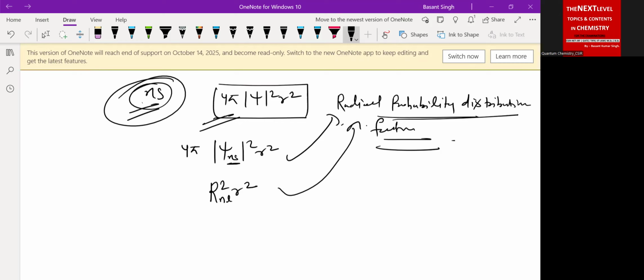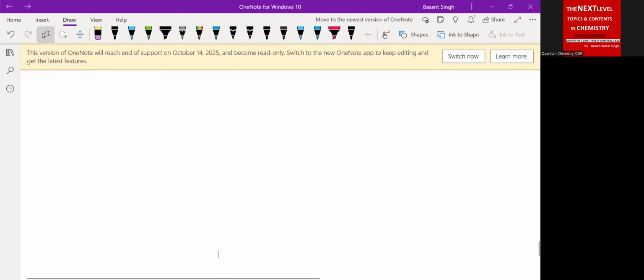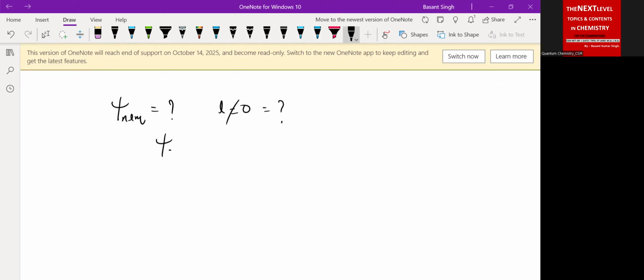Now check for nl states. If we take psi nlm, where l is not 0, then what happens? If l is not 0, that is, we take the 2pz state, that is 2, 1, 0. This is the 2pz state.